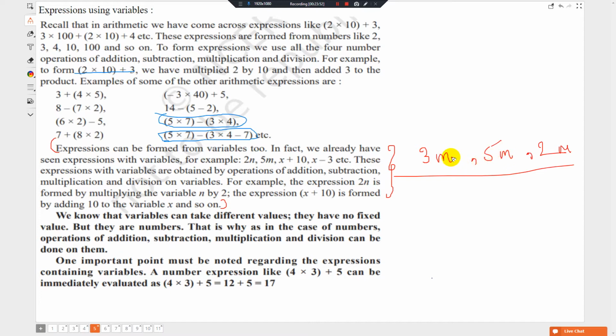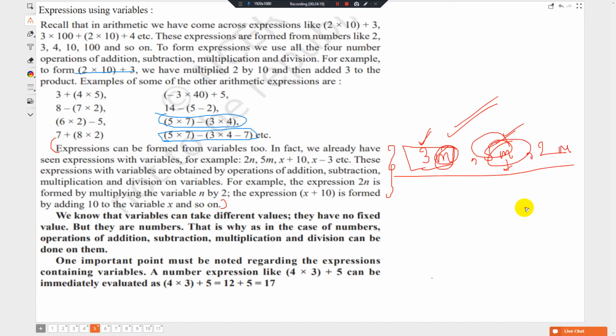Now, if we want to solve them, we can't actually, because 3m, can we solve it? 3 is here, but we don't know the value of m. If we know the value of m, we can solve this expression. Same here, 5m. We know the value of 5 only, but we don't know the value of m.